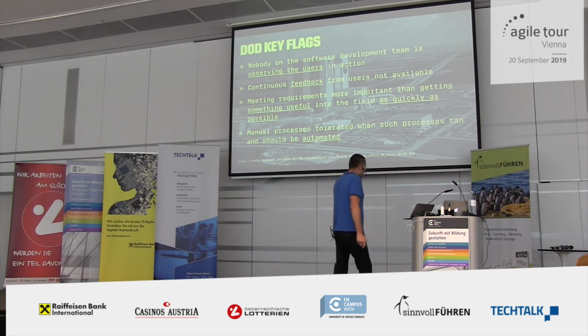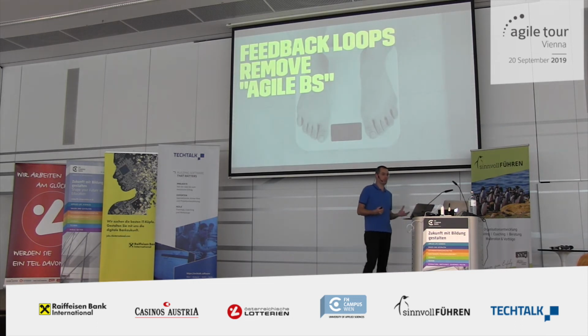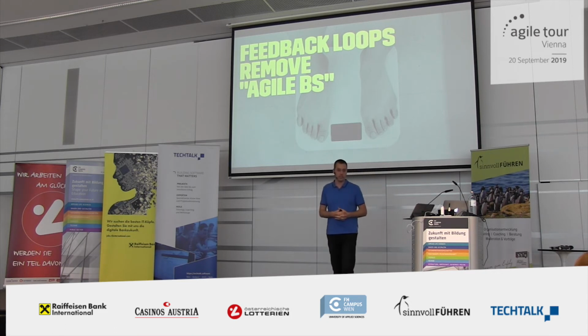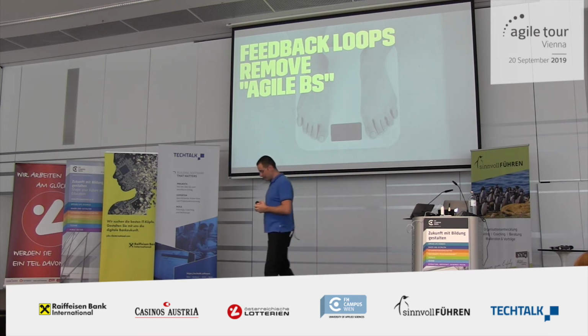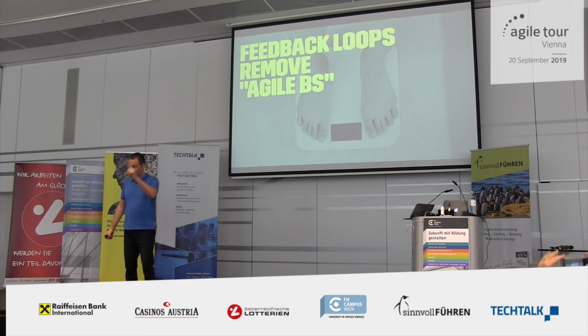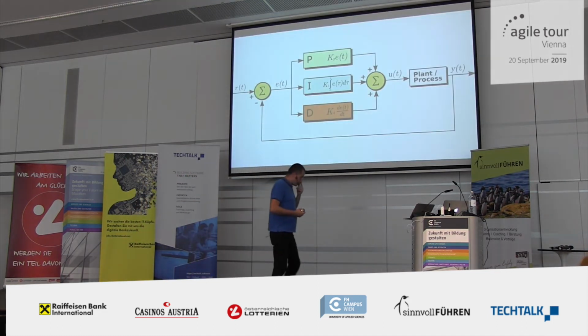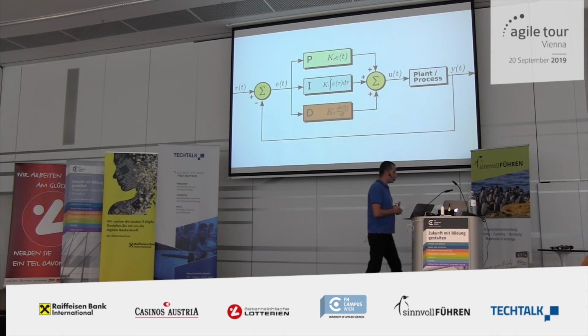So, effectively what all these things say is feedback loops remove fake Agile. That's kind of the essence of all of these things. What I mean by that is it's really important to understand feedback loops, kind of stuff coming back and influencing what we do. I started researching this stuff a lot more because I'm interested in the science behind feedback.